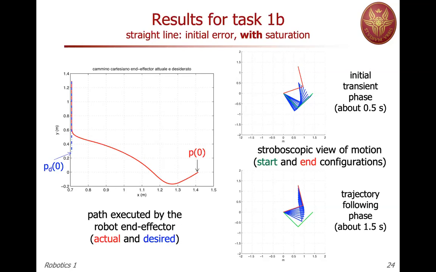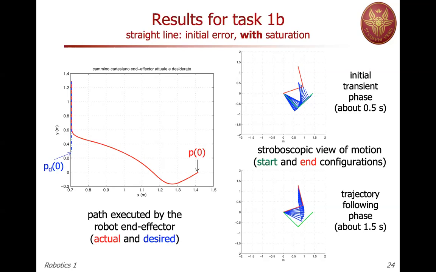So the end effector is going in the wrong direction and then recovers, with a not straight path, but it's getting to 0. And again, you have a transient phase which lasts longer now, 0.5 seconds, because the robot wanders for a while, and then the trajectory following phase when the error has gone to 0. More or less, you see, when y is about 0.6, the error has gone to 0, when the red line touches the blue line.